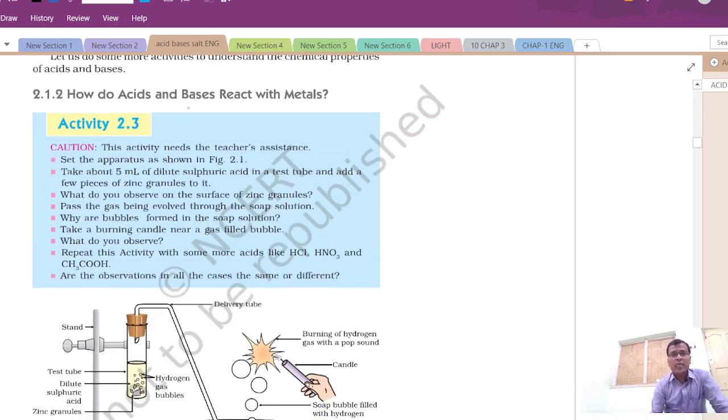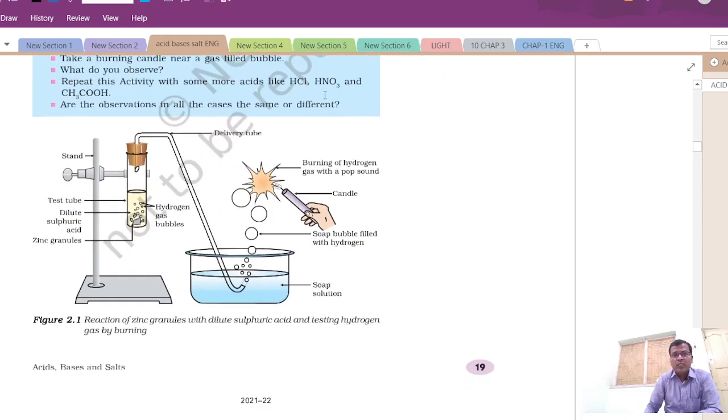How do acids and bases react with metals? How does an acid or a base react with a metal? You can see a picture here. It is the first question given in the sample paper provided by the CBSE.